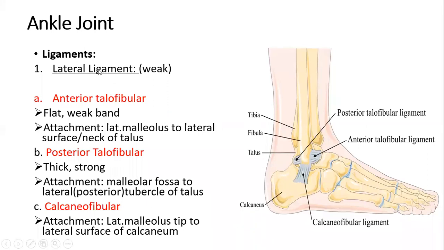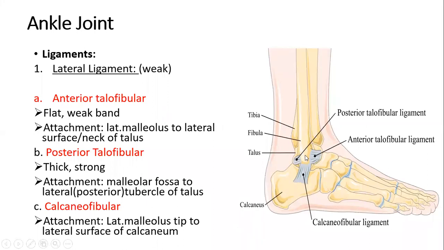So most of the ligaments of the ankle joint are in the form of bands, multiple bands. So let's see the lateral ligament. The capsule of the ankle joint anteriorly and posteriorly is very weak and very thin.